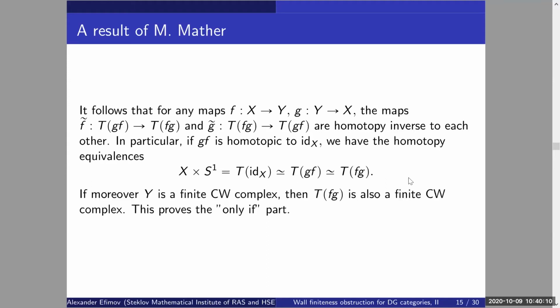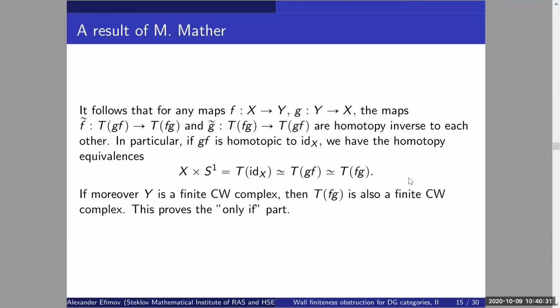But now, if we also assume that Y is a finite CW complex, then this fg is a self-map from Y to Y, and it's easily seen from the construction that the mapping torus is also a finite CW complex. So this proves the only if part.